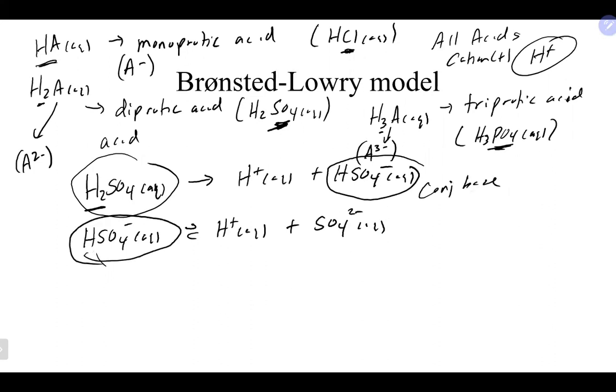This guy and this, in the Bronsted Lowry definition, the only difference that there can be between those two guys is one H plus, because they really do come off basically one at a time.